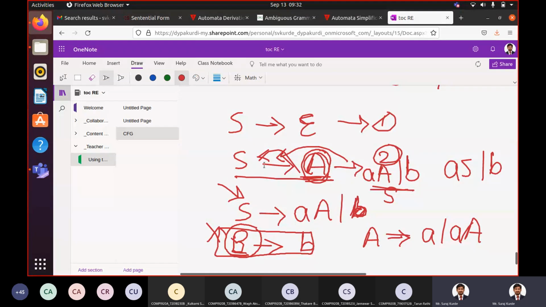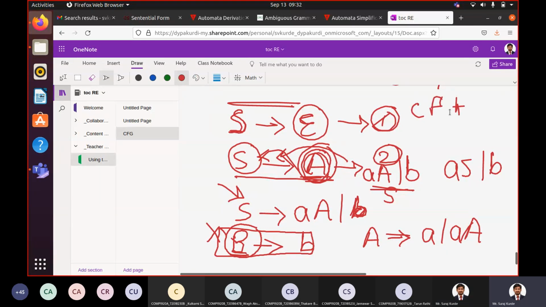So S produces A, whatever production rules of A are there, shifted to the production rule of S. And S produces epsilon, wherever S is there on the right hand side, replace that S with epsilon. We get some new production rules. Use those production rules as a part of the grammar. Consider them as production rules of the grammar. So epsilon production is removed.